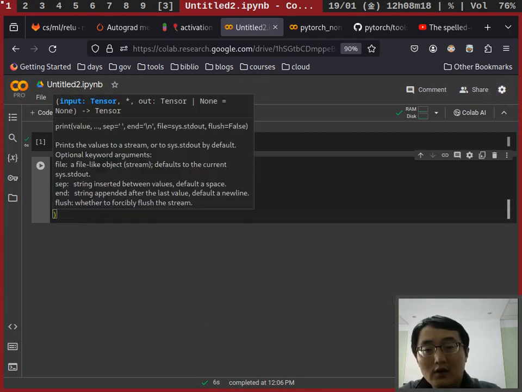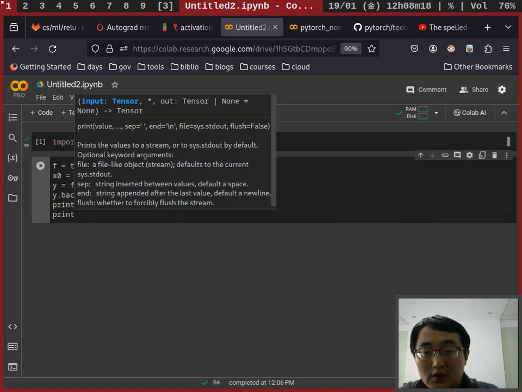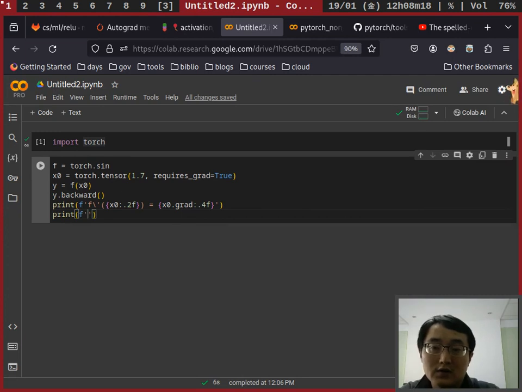On the other hand, we also know that the sine function's derivative is the cosine function. So let's check: cosine x0 should be equal to that.